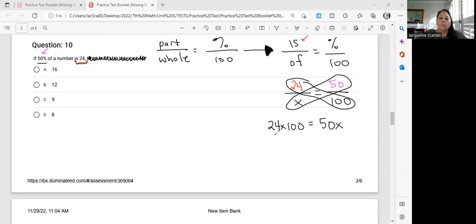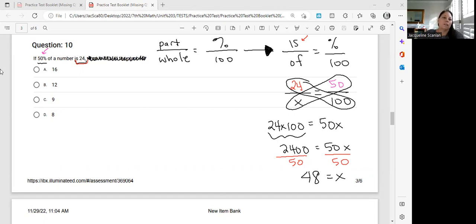I'm going to multiply 24 times 100, which gives me 2,400. To solve that equation, I'm going to divide both sides by 50 to get X by itself. And I end up with X equals 2,400 divided by 50, which gives me 48. So I'm not done.